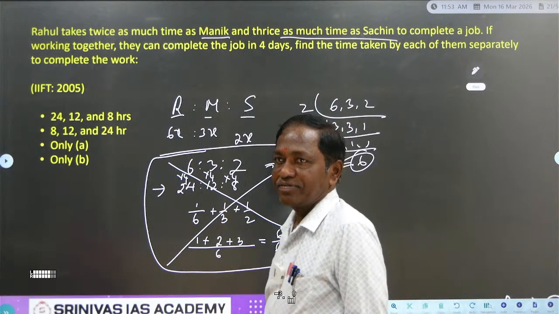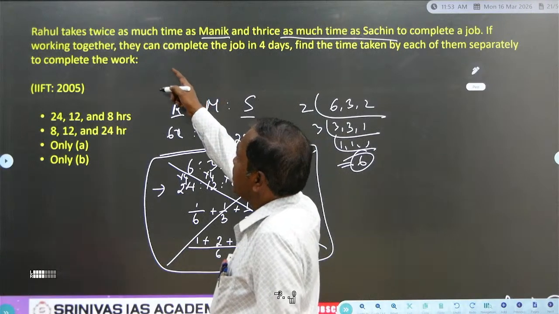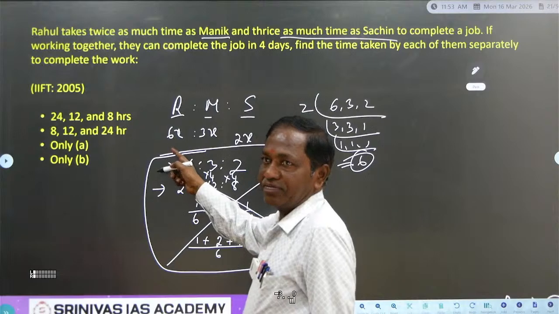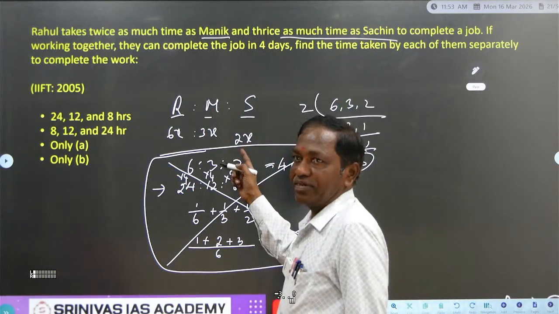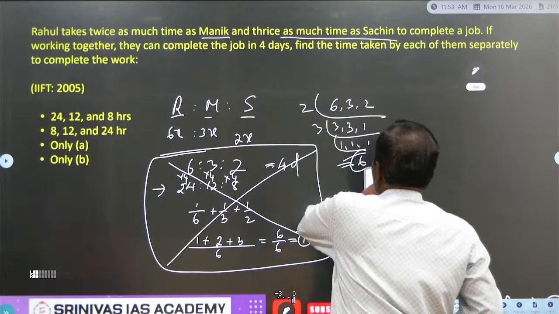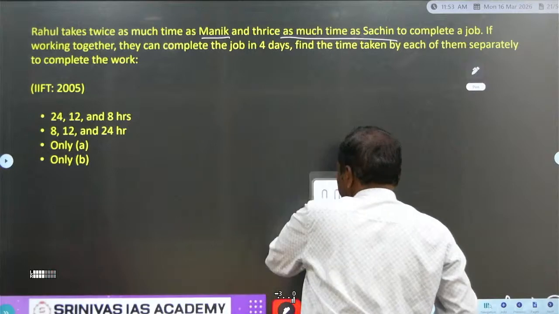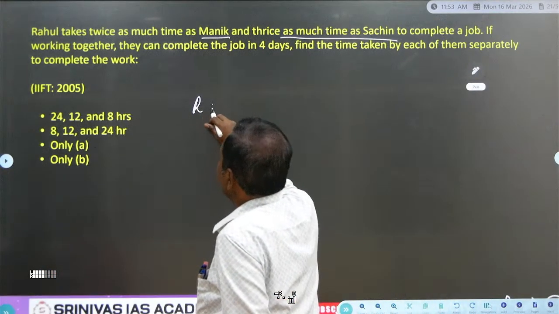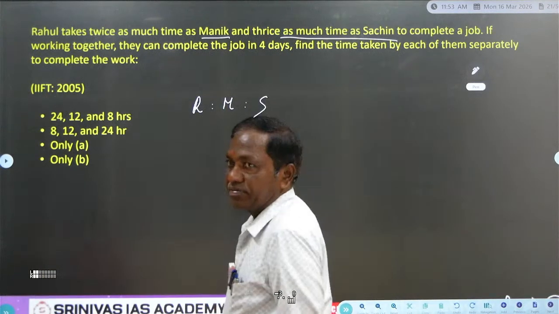Because you see, Rahul takes twice as much time as Manik and thrice of Sachin. Even this type of questions we have seen in averages. How many people are there? Rahul, Manik and Sachin.